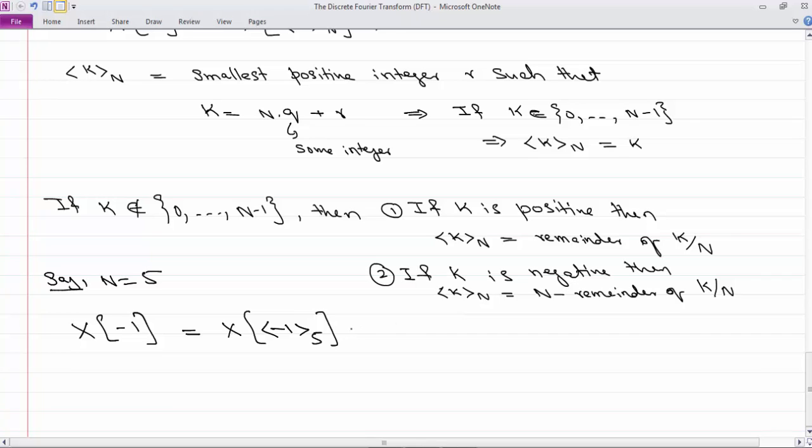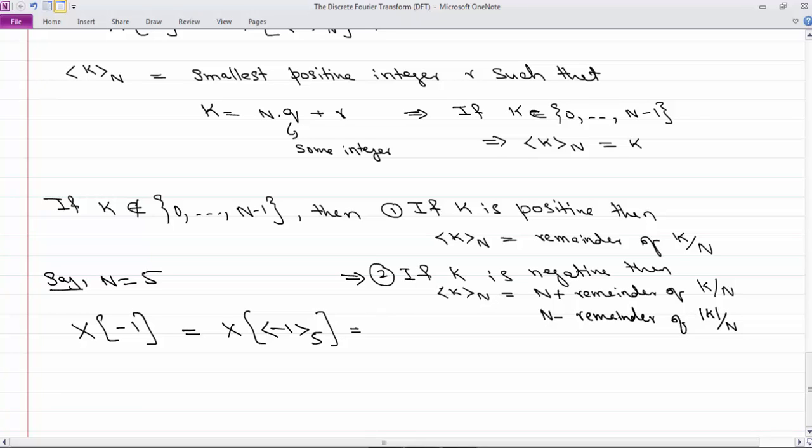If you look at this expression, this is negative. So what will be x of minus 1? Let's change the formula to n minus the remainder of the absolute value of k divided by n. Both versions will work. Okay.